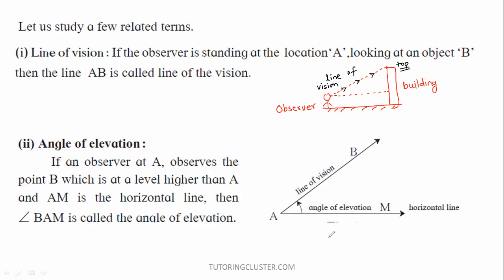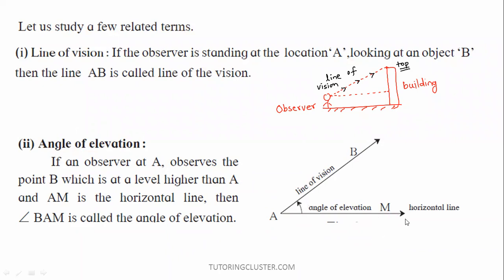Now, the second concept is related to angle of elevation. If an observer at A observes a point B which is at a level higher than A, you can consider this as the ground.